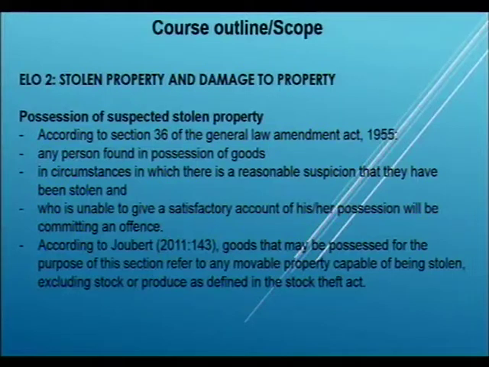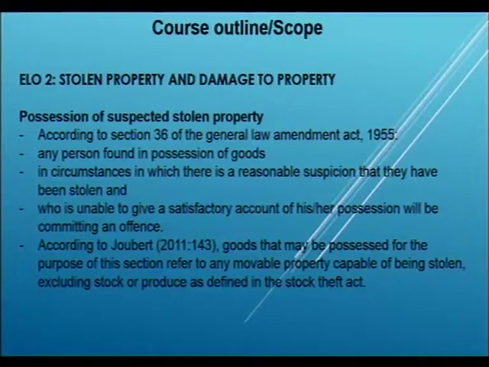Possession of suspected stolen property. According to Section 36 of the General Law Amendment Act 1955, any person found in possession of goods in circumstances in which there is a reasonable suspicion that they have been stolen, and who is unable to give a satisfactory account of his or her possession, will be committing an offense.